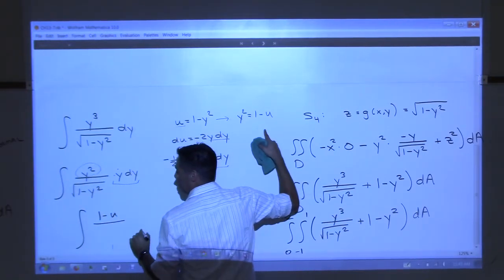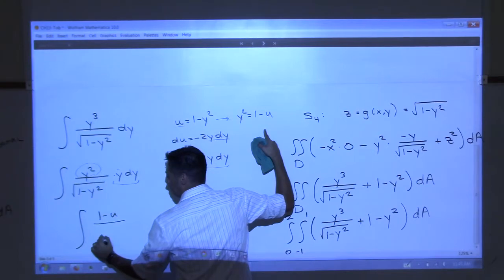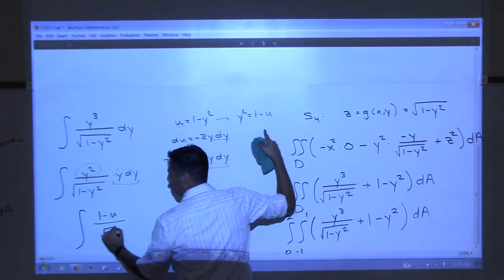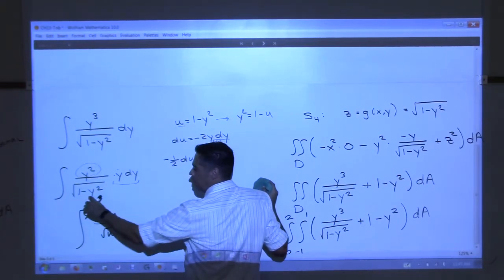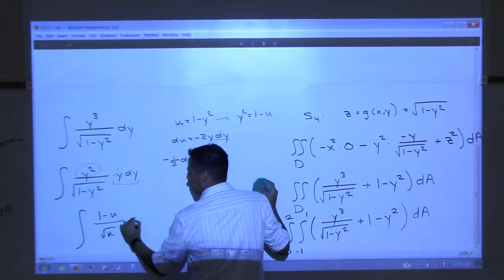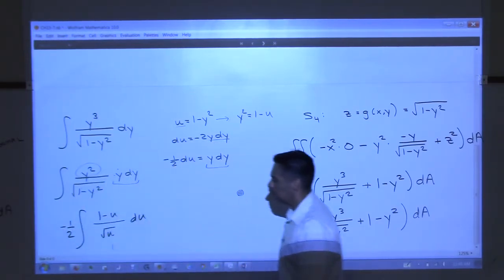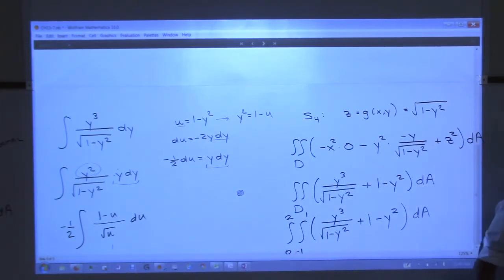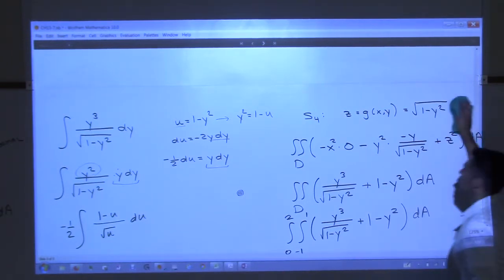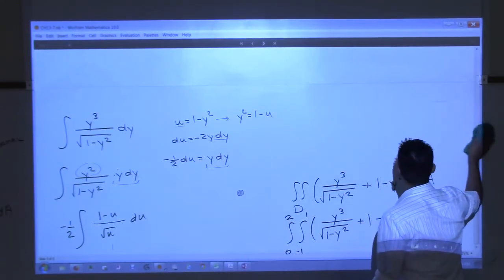The denominator is root u, right? Root u. And then y dy is going to be negative 1/2 du. So I'll pull the negative 1/2 du out like that. Now, is that any better? What can we do with that? Separate them, right?